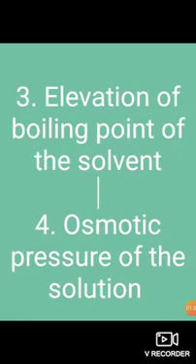Third is elevation of boiling point of the solvent, and fourth is osmotic pressure of the solution. All these properties depend on the number of solute particles, irrespective of their nature, relative to the total number of particles present in the solution. Such properties are called colligative properties.